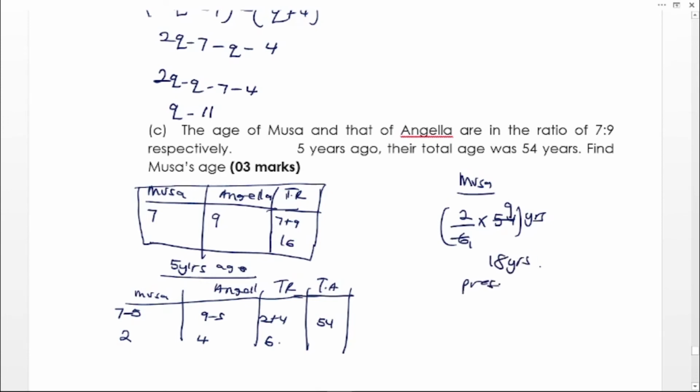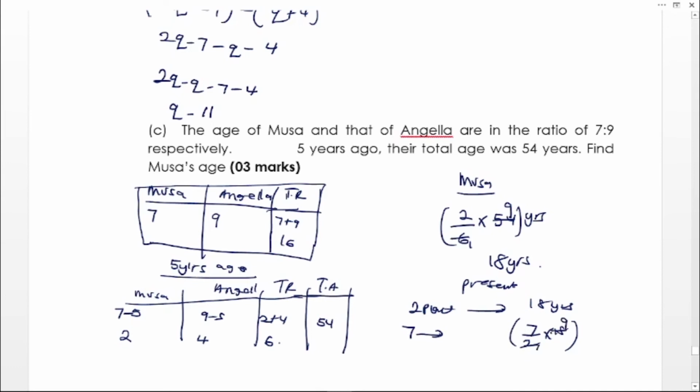Now the present age for Musa. If before it was 18, then these 2 parts were representing 18 years. Then how about the 7 parts? The 7 parts are going to have 7 out of 2 times 18. 18 by 2 gives 9.